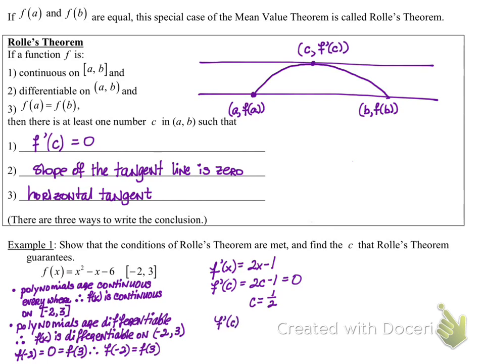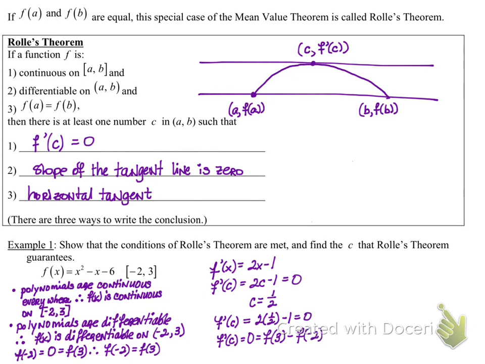When we replace c with its value in the first derivative, sorry, I'm trying to write and talk at the same time, it never works out. 2 times 1/2 minus 1 is in fact 0, so f prime of c is 0, and guess what else is 0? f of 3 minus f of negative 2. You could have written that backwards, by the way.